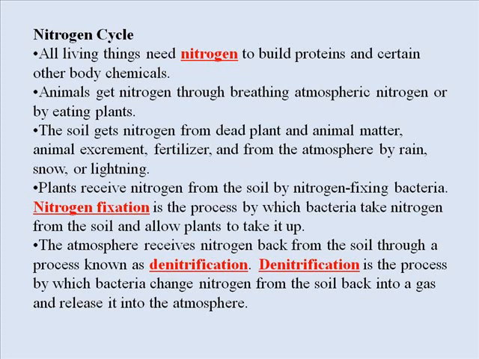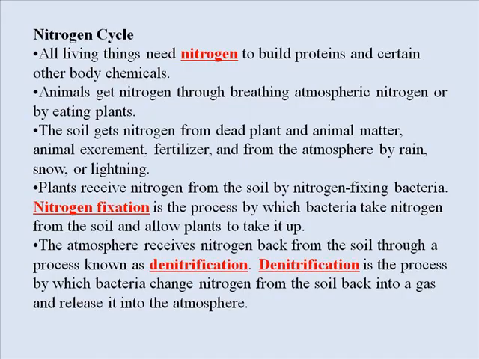The soil is going to get nitrogen when plants and animals die, when animals excrete or poop, when we add fertilizer to our yards, that's very high in nitrogen, and when it rains outside or we have some stormy weather, some of the nitrogen from the air is going to get fixed to the ground.